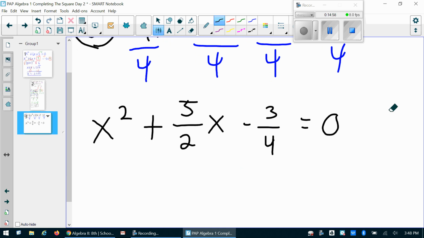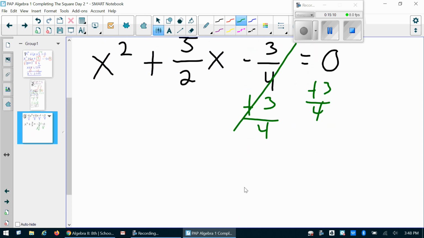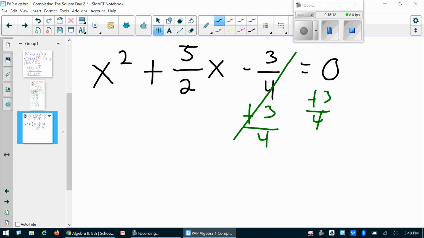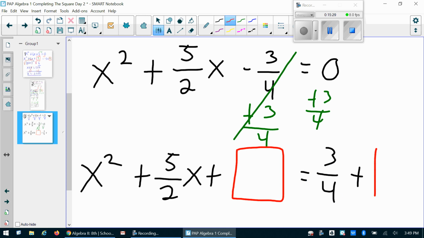Now I'm going to move this constant to the other side, and then draw my boxes. Okay.